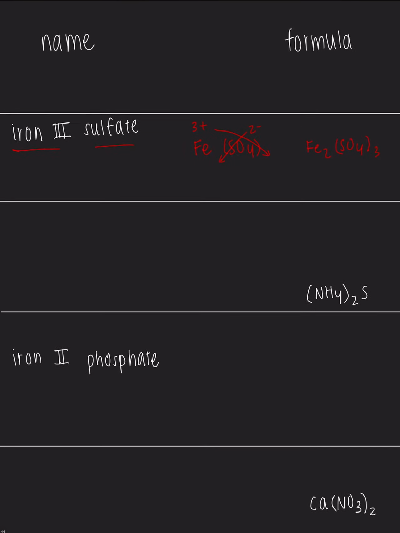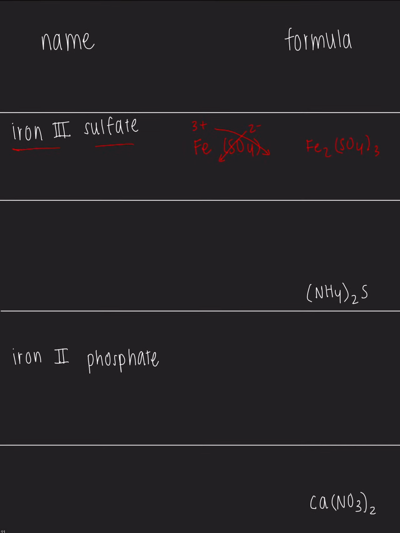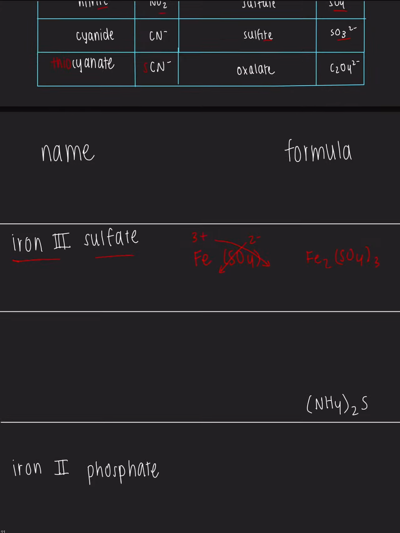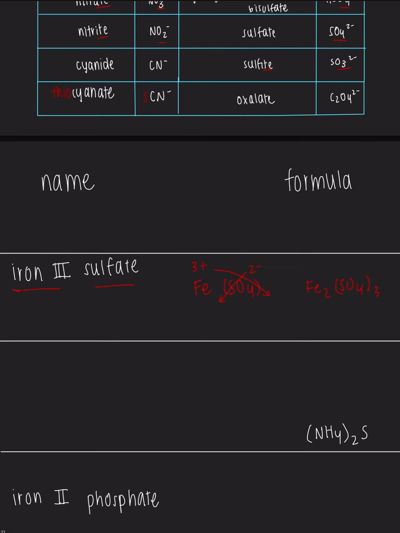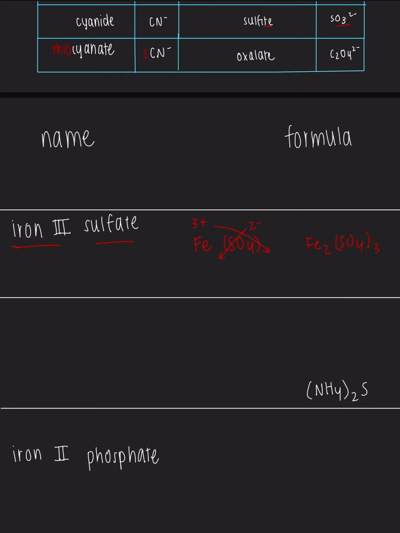Okay, now let's try another example. In this one, if you don't know what NH4 is, you're going to scroll up or check whatever materials they give you, and you see that's ammonium. But where did they get that charge from? So let's see. If you have NH4 and you have a 2 and the S, there's an imaginary 1 over here, so you're going to crisscross up, and that gives you the charges for each.